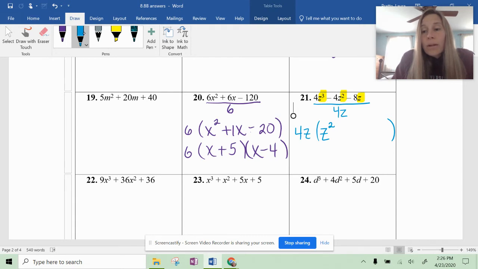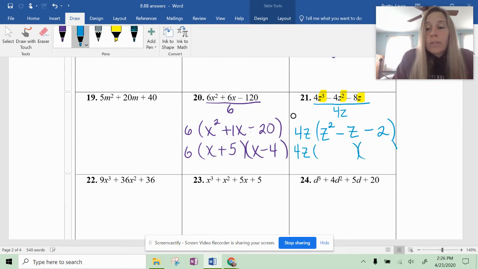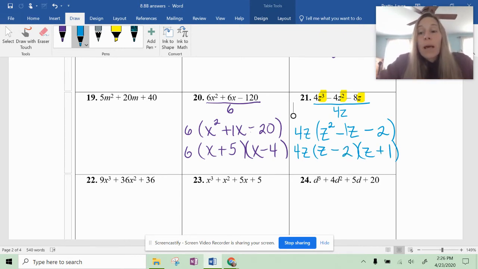Negative 4z squared divided by 4z is going to leave me with negative z. And negative 8z divided by 4z is going to leave me with negative 2. Now again, when you have a quadratic trinomial like we do here, it's very likely that we can factor that into 2 binomials. So what 2 numbers multiply to negative 2 and add to negative 1? Negative 2 and positive 1. So that's how we would finish factoring that one completely. Now notice when you do the GCF, you don't have to do the AC method, which makes it a little bit easier.